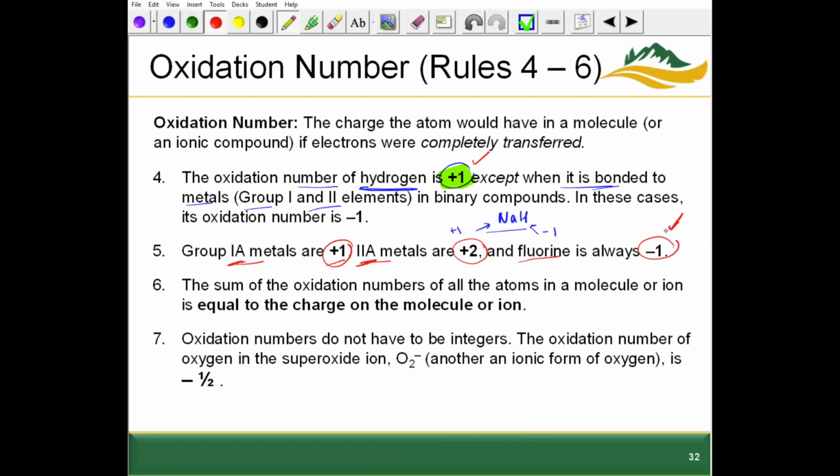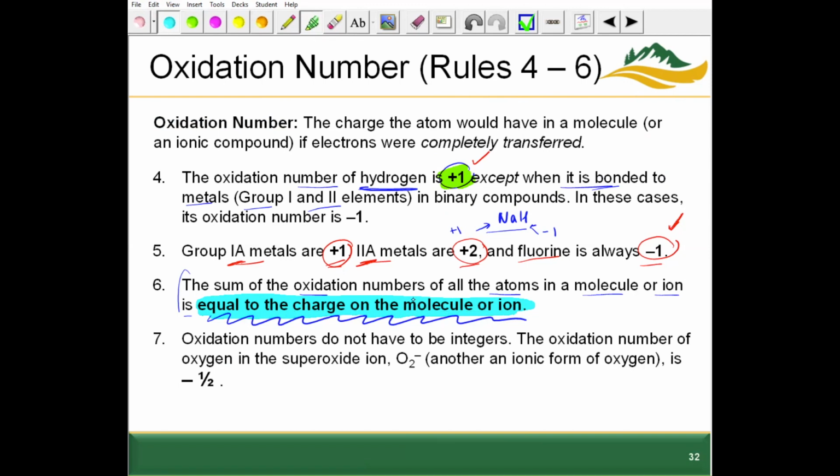These are also convenient, predictable cases. Next, I've been mentioning that the oxidation numbers within an ionic compound or a molecule, well, we can also think of the sum of all the oxidation numbers of all the atoms in a molecule or an ion is equal to the charge on the molecule or ion.